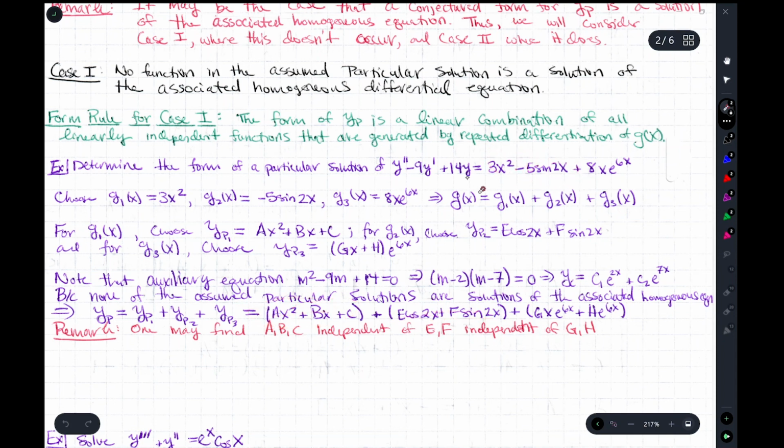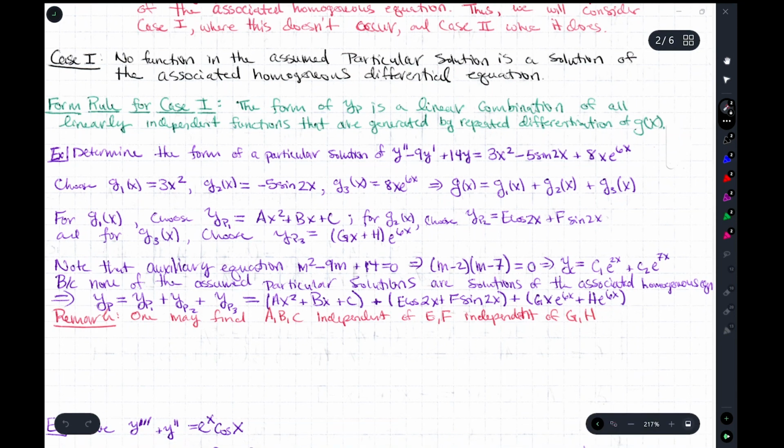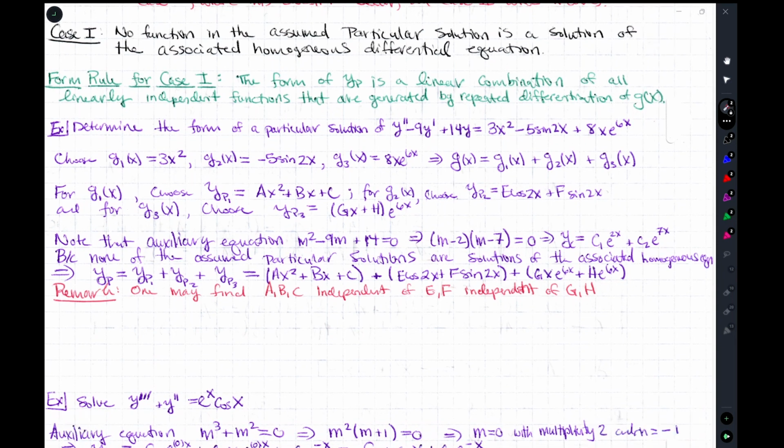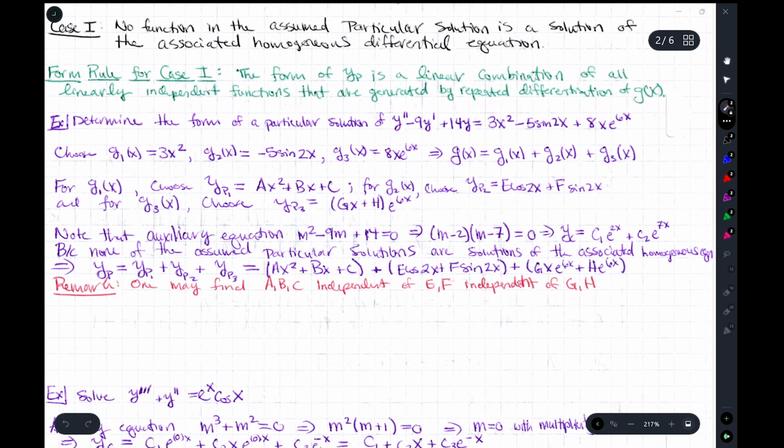And so we're only going to match coefficients of these terms using this guy, and we're only going to match coefficients of this guy using this guy, okay? So you could just solve these independently, or you could solve them all together. It's just what your preference is really, okay?